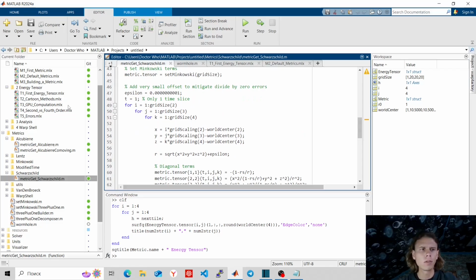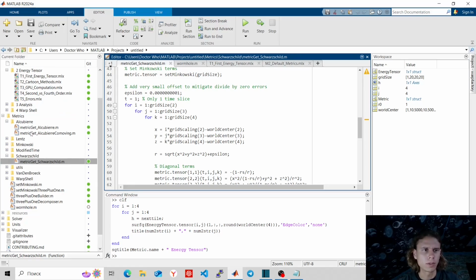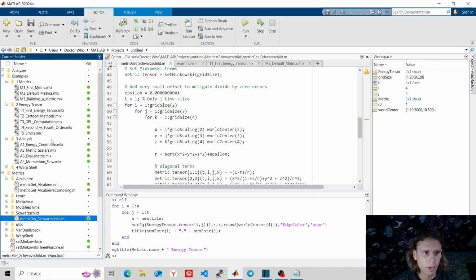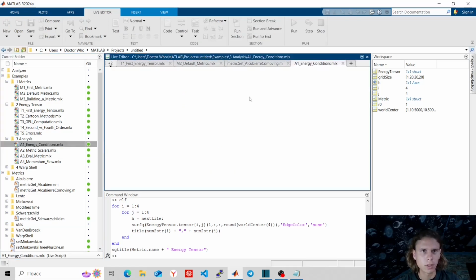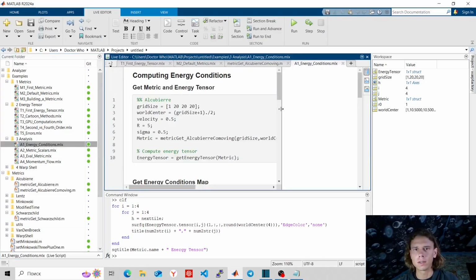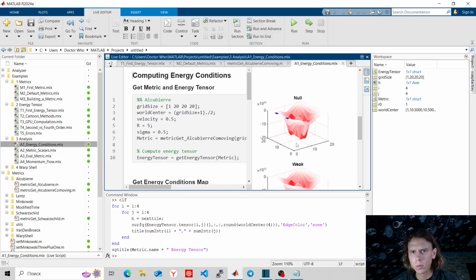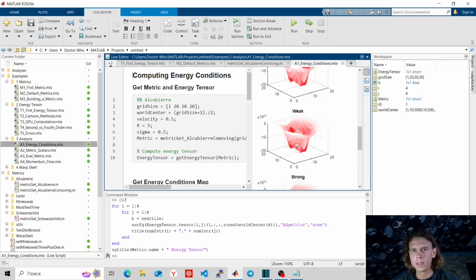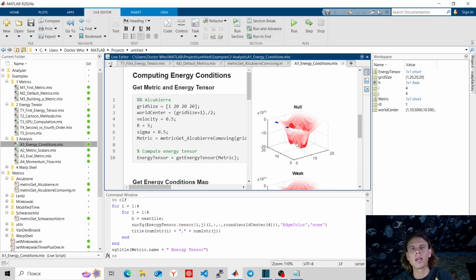Okay. And also I want to stress that in this example I haven't shown the energy condition calculations, but you can find them right here in the analysis section. And this calculation requires a GPU. I don't have one, but you can at least watch what's going on, and this is how it looks. This is the computation of energy conditions for all space where you work, not just, for example, a single point.